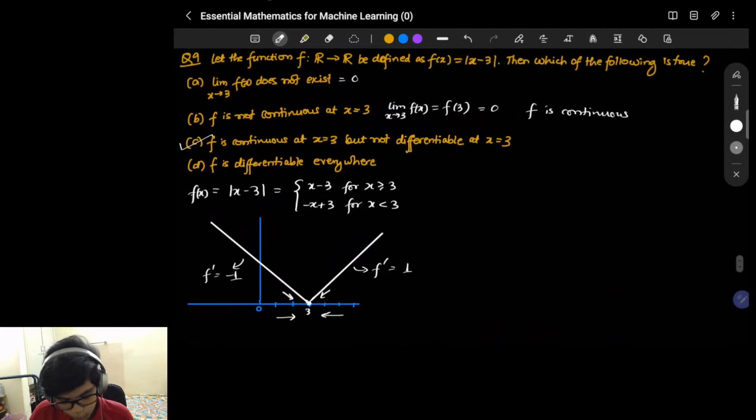This is just I'm drawing the function f(x) equal to mod x minus 3. So as I wrote down, this f(x) equal to mod x minus 3 is the function which is x minus 3 for x greater than 3. So this line right here is for x minus 3, and it is minus x plus 3 for x less than 3.